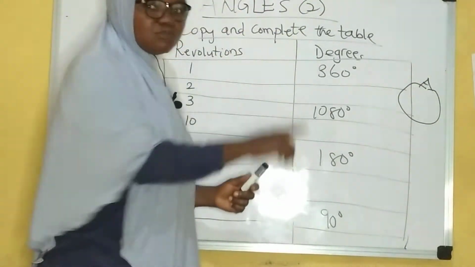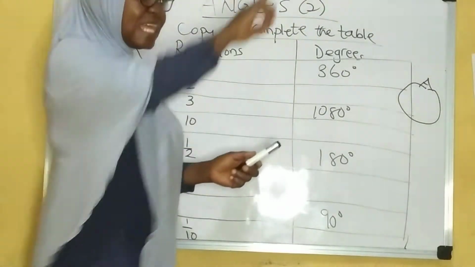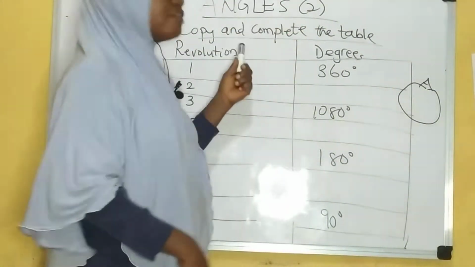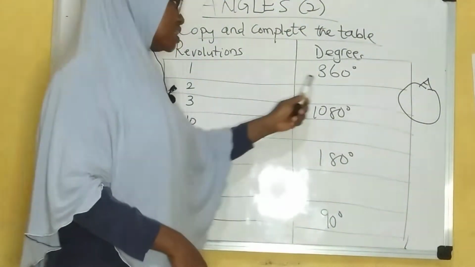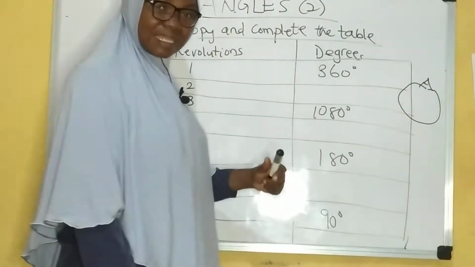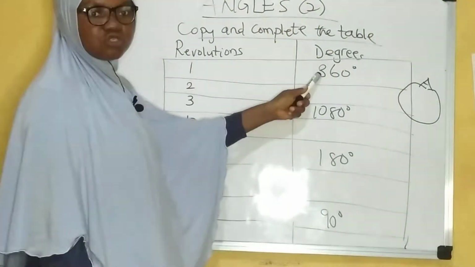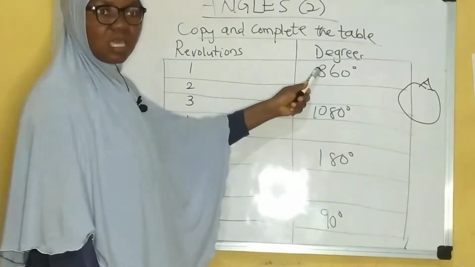That is a complete movement and it is known as a revolution. In terms of angle, it is measured as 360 degrees. Is that clear? All right. So now I have one revolution equivalent to 360 degrees.